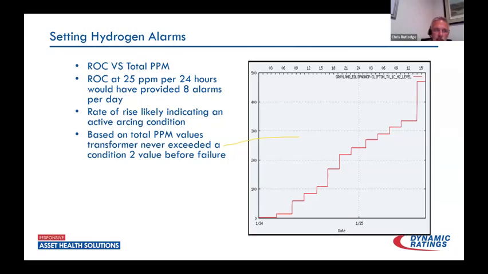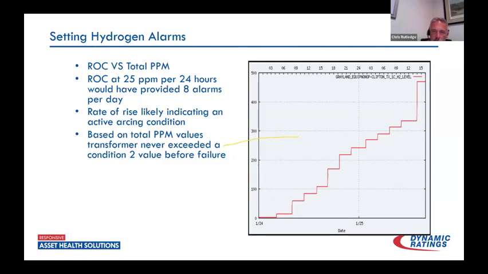Now, when we go to condition 2, we're looking at about 700 parts per million to hit that condition 2. And so this was a transformer that failed in service. And we can see on the 24th, it started gassing.